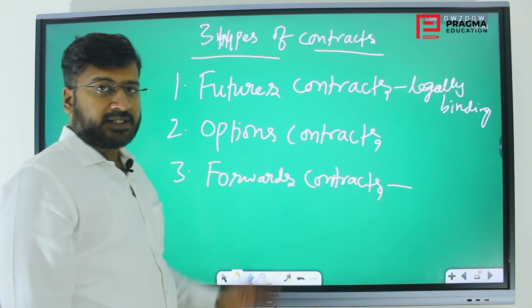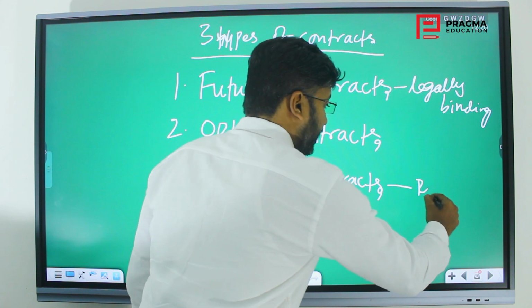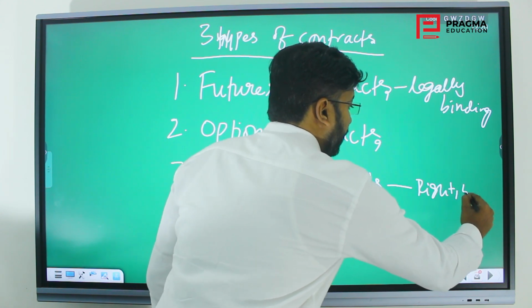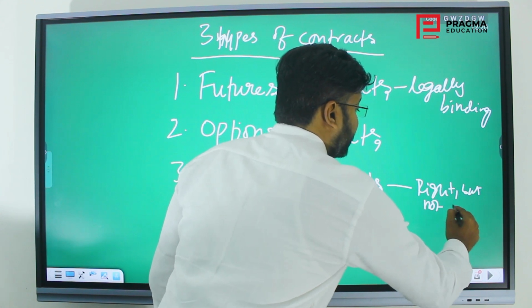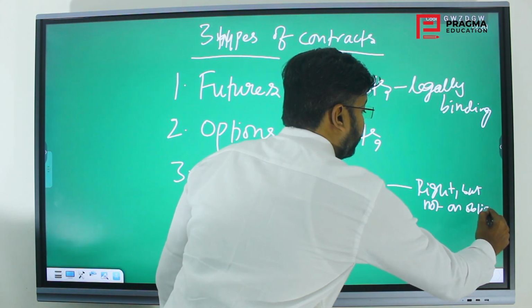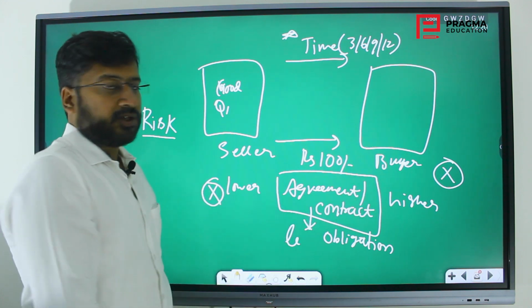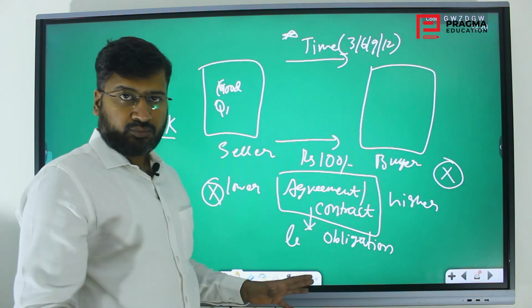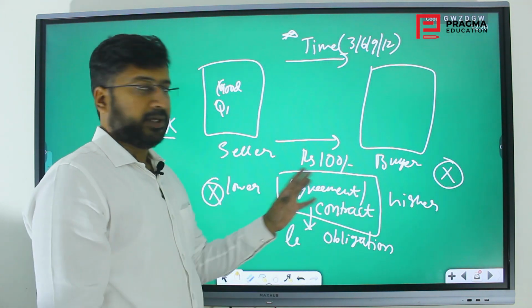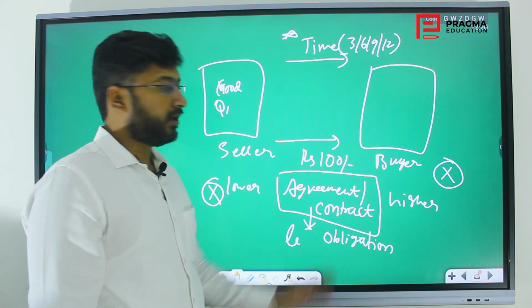And forwards contracts are the other extreme, where it is just a right but not an obligation. Here in forwards contracts, either party can say no, it will not be executed. It doesn't matter if it is the seller or the buyer.